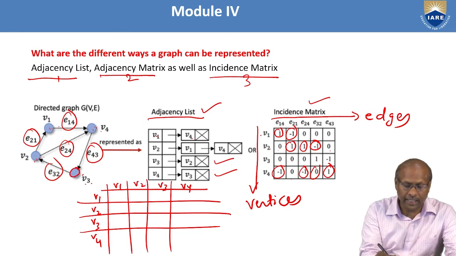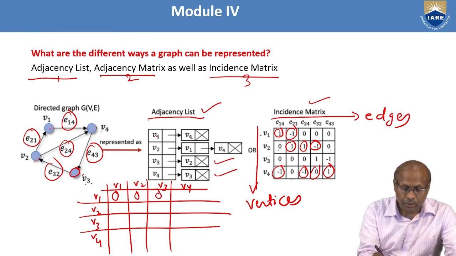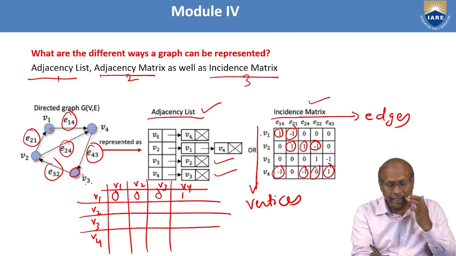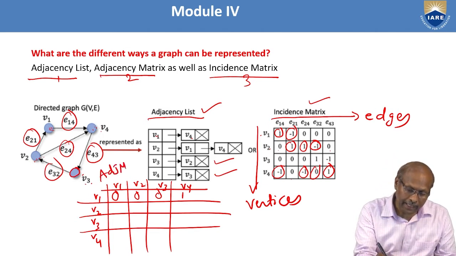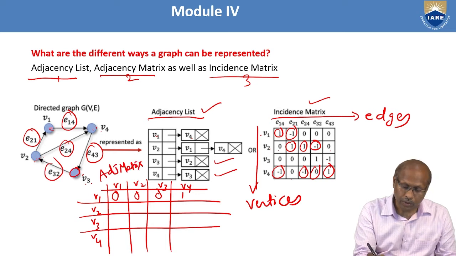V1 to V1, there is no direct connectivity, so put 0. V1 to V2, no direct connectivity, put 0. V1 to V3, no connectivity directly, so write 0. V1 to V4, yes, there is a direct edge, so write 1 here. This is the adjacency matrix.